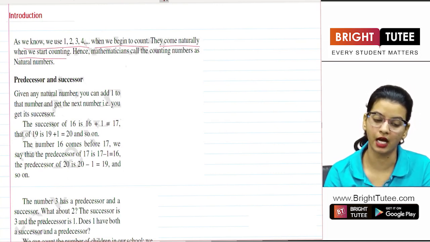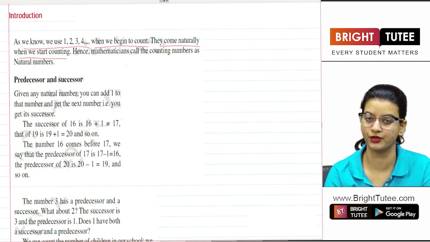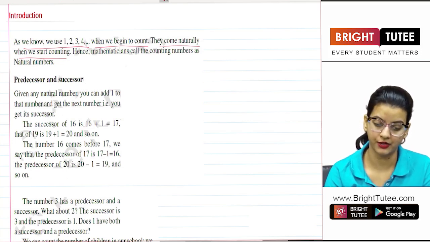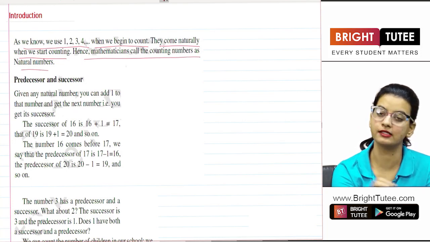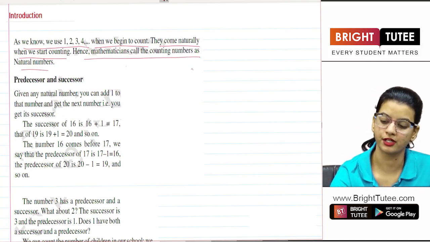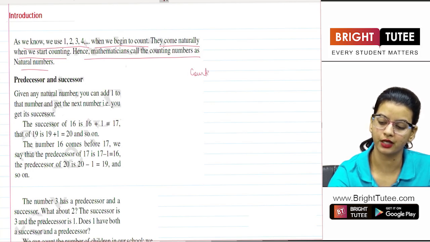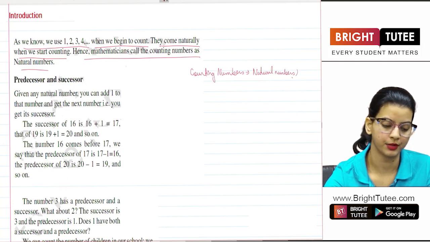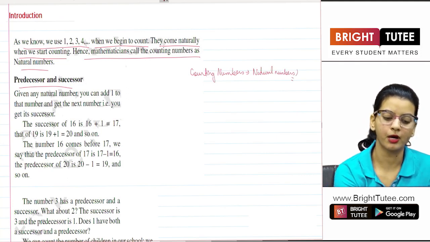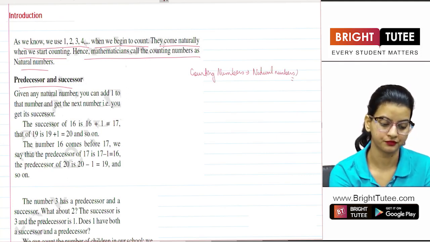Hence, mathematicians call the counting numbers natural numbers.